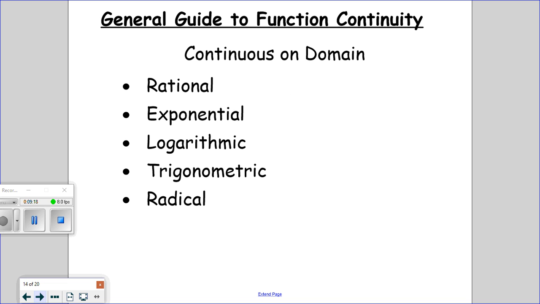Some things are continuous only on their domain, or may not be continuous from negative infinity to infinity, such as rational expressions, exponential, logarithmic, trigonometric, and radicals. So I can say it's continuous on its domain, but maybe not everywhere. We have to clarify where things are continuous if it's something like a radical expression.